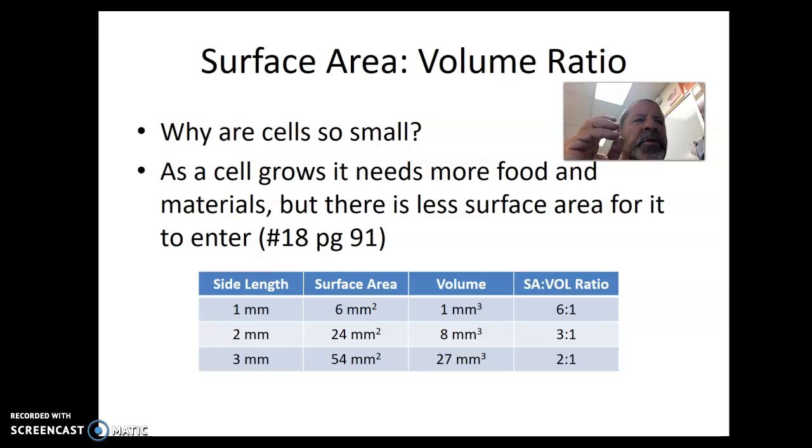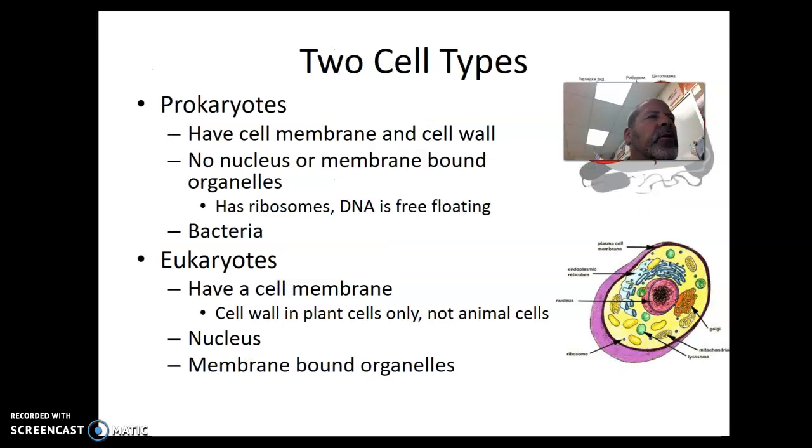So a cell needs to be really small in order to take up everything it needs and allow that stuff to travel throughout the cell. Also, the cell has to be able to defend itself, and the greater the surface area, the more there would be to defend. So the cell needs to be small by design, in order for material to transfer all the way through the cell and also to defend itself.